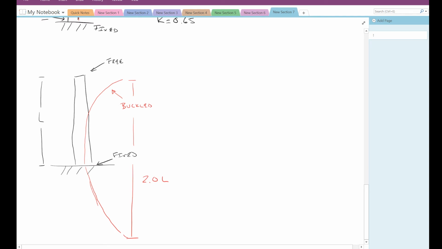So we will change our color back to black. And we'll say that our theoretical K value is equal to 2.0, and our practical K is equal to 2.10.